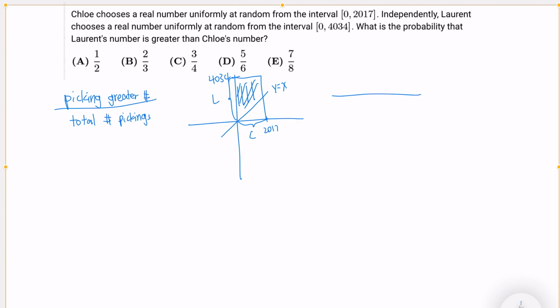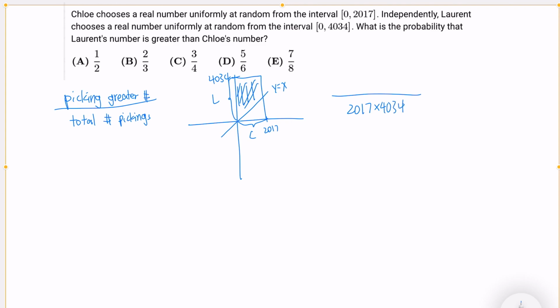So I mean pickings by saying that, for example, if Chloe picks the number 10 and then Laurent picks a number of 13, then that would be a picking. So the denominator is total number of pickings, which would be the whole area of the entire rectangle, which is 2017 times 4034.